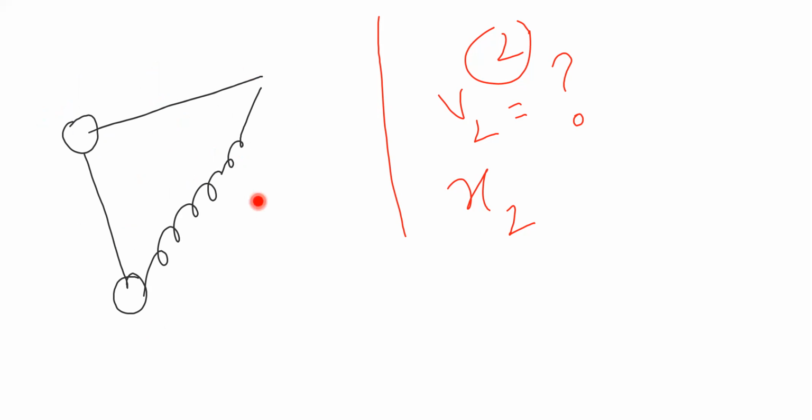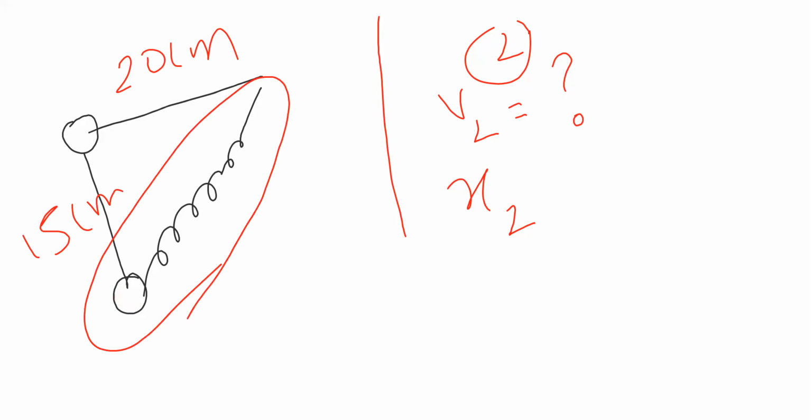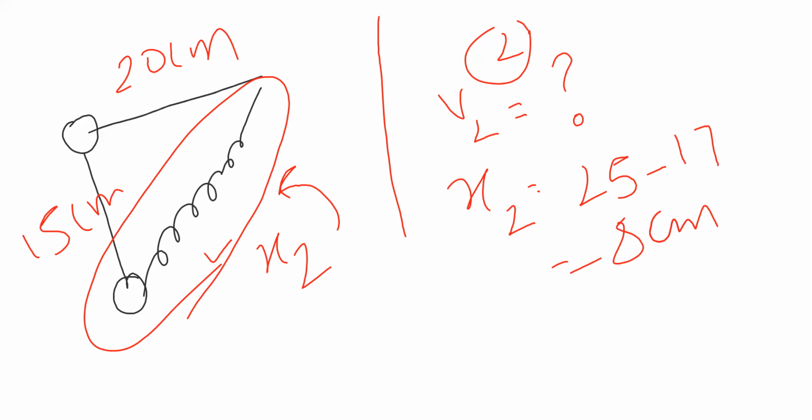Since in the question it is given that this length is equal to 20 centimeters and this length is equal to 15 centimeters, we can get this particular length. Then we can subtract the free length of the spring from this, and we get the value of x2 for this spring, and it will come out to be 25 minus 17, which will give you 8 centimeters. So at the two positions, 1 and 2, we can get the value of velocity as well as deformation in the spring.